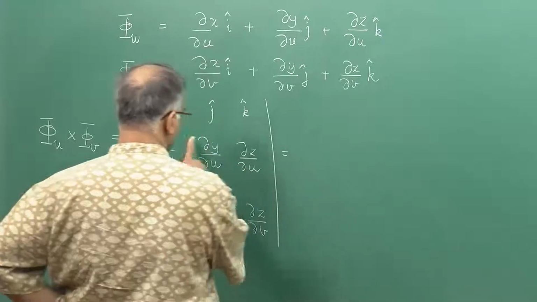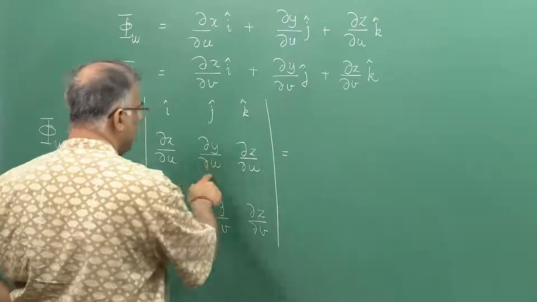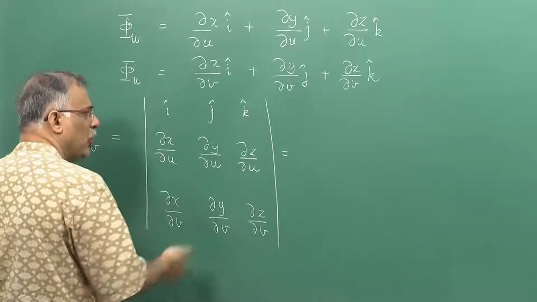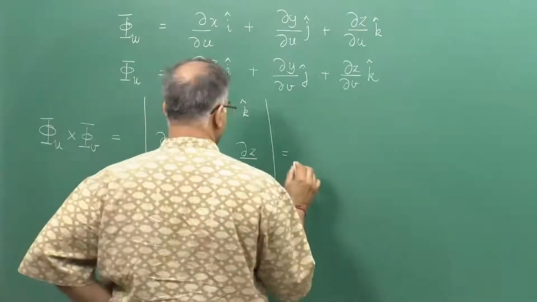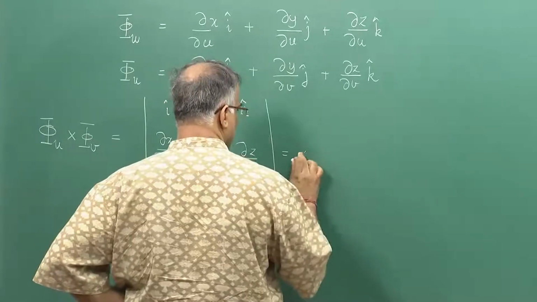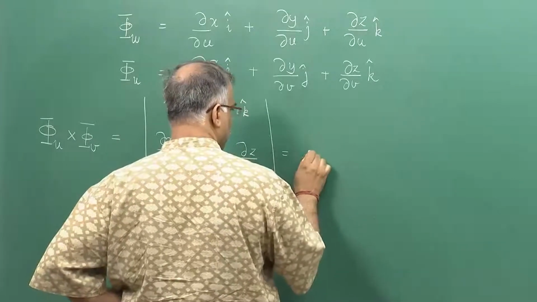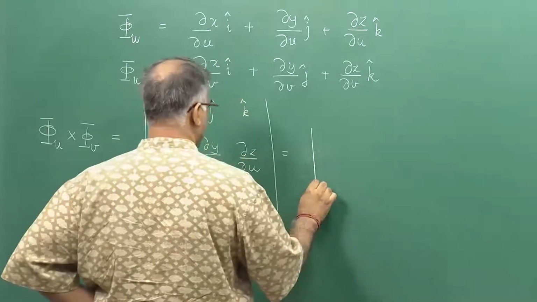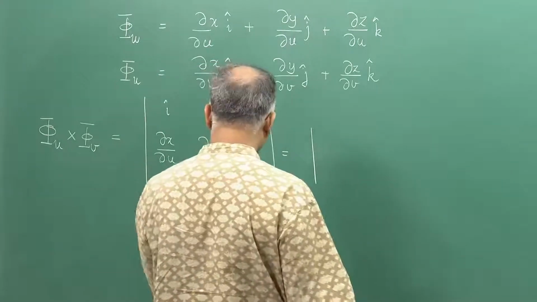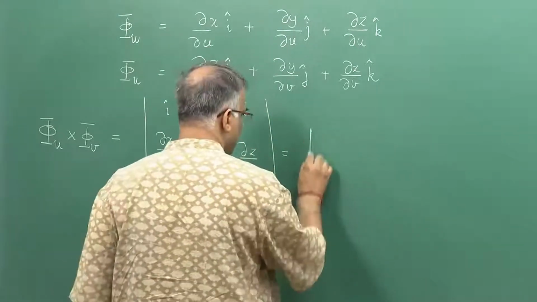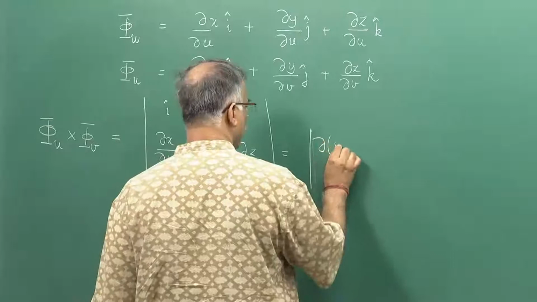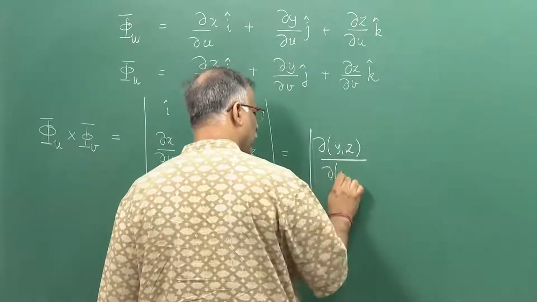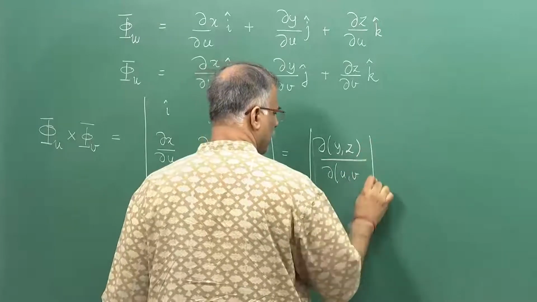If you look at the determinant, the first part is del y by del u, del z by del u, del y by del v, del z by del v. It is a kind of Jacobian of the transformation. So, it is the determinant of del(y,z) by del(u,v) i vector.